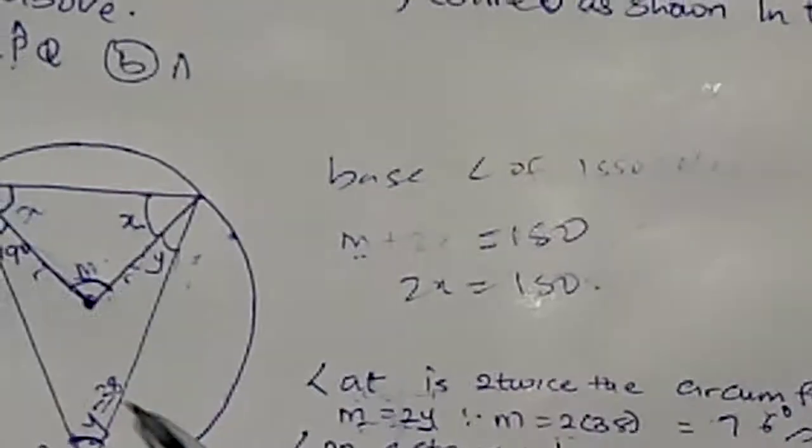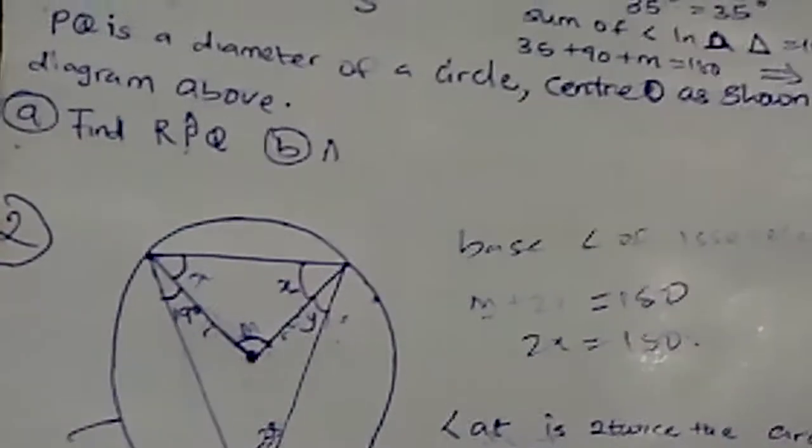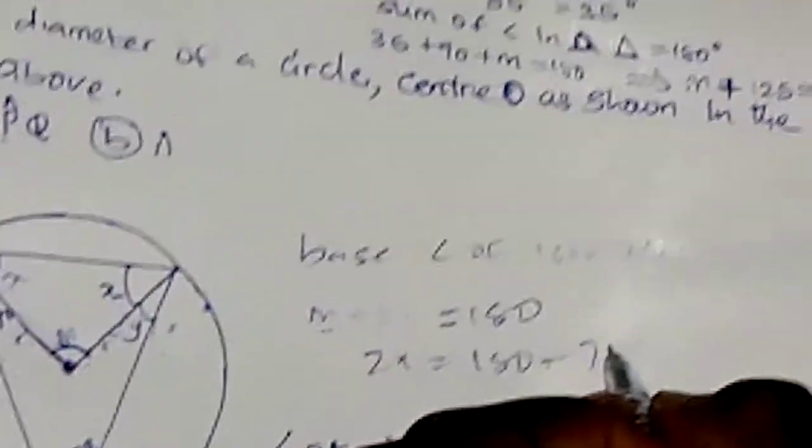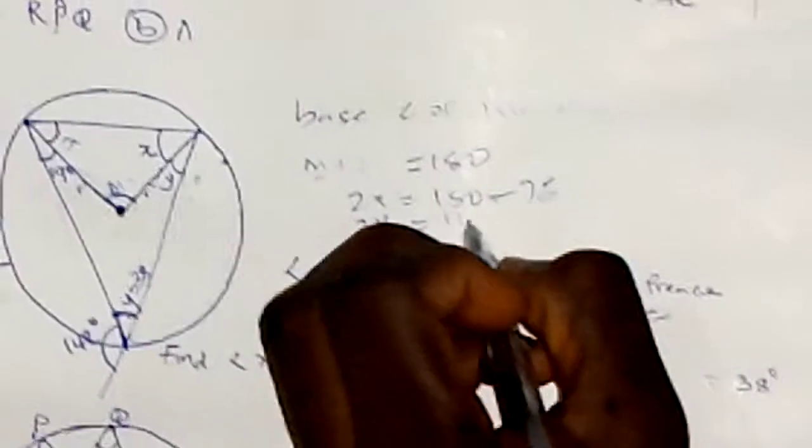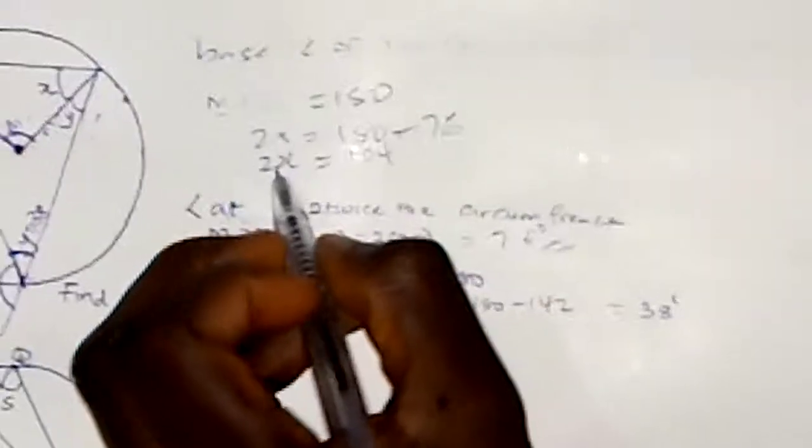Our m is already given, we've solved for it, that's 76, so that's minus 76. So 2x equals, when we subtract this, 104. Divide both sides by the coefficient of x, the number beside it, that's 2 over 2, so x equals 52. That's our final answer for x. So we've gotten our x.